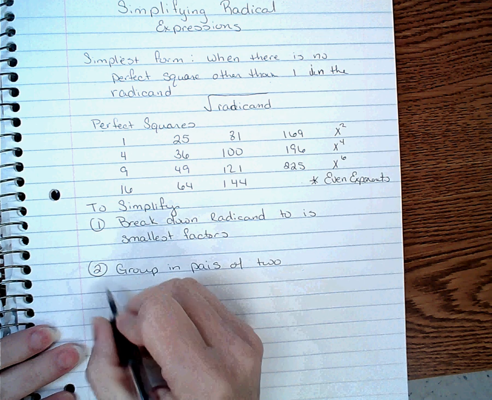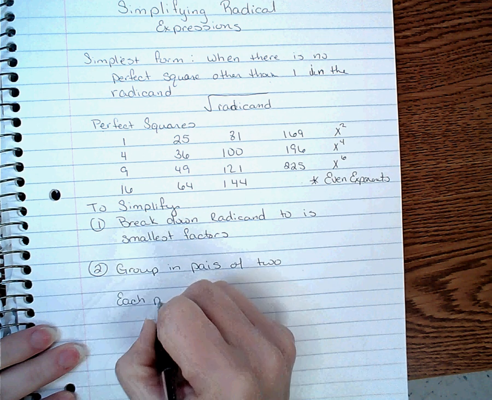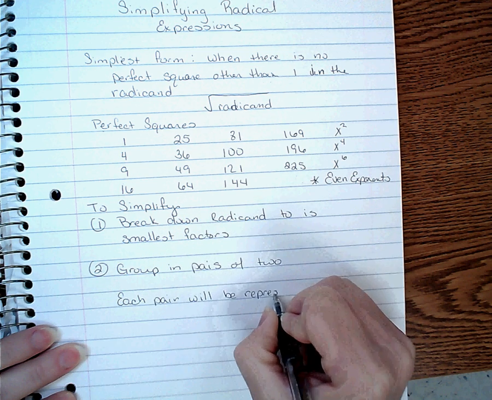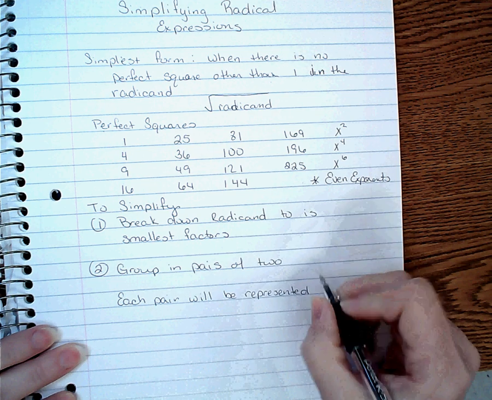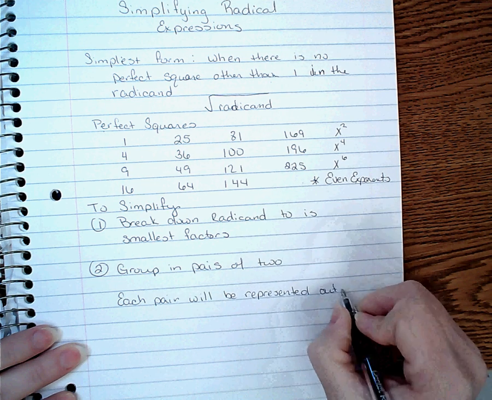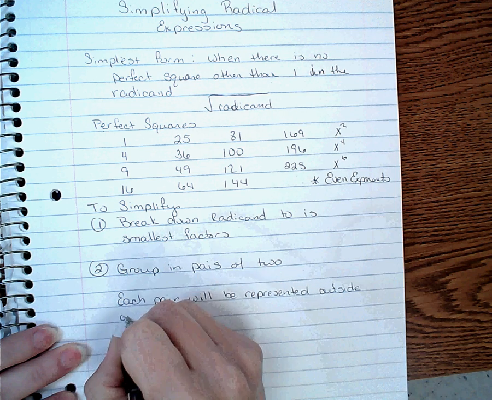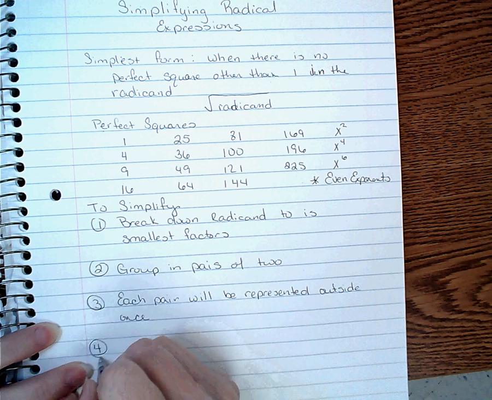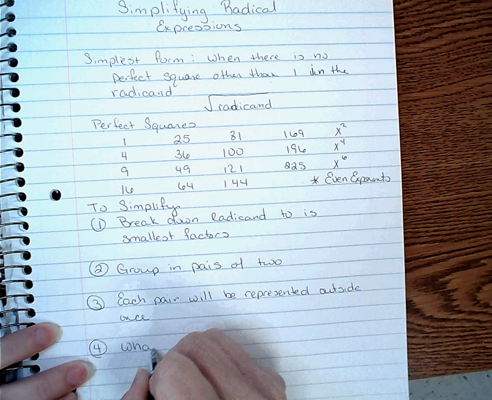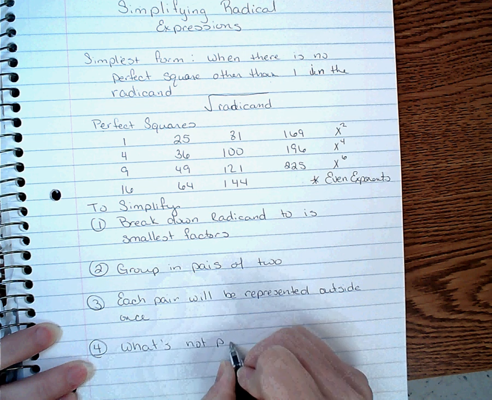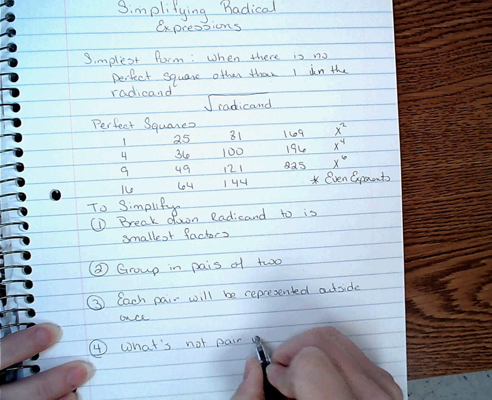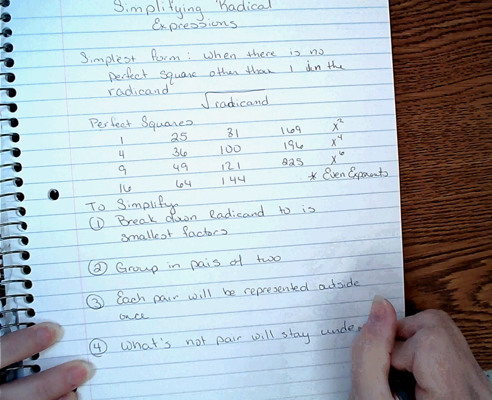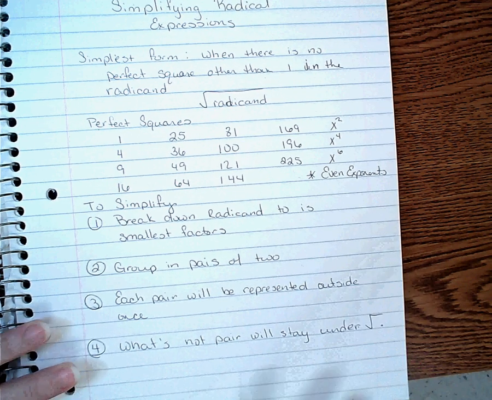So, each pair will be represented outside once. Every time. Okay, so that's step 3. Step 4. What's not paired up will stay under the radical. So what's not paired will stay under your radical.